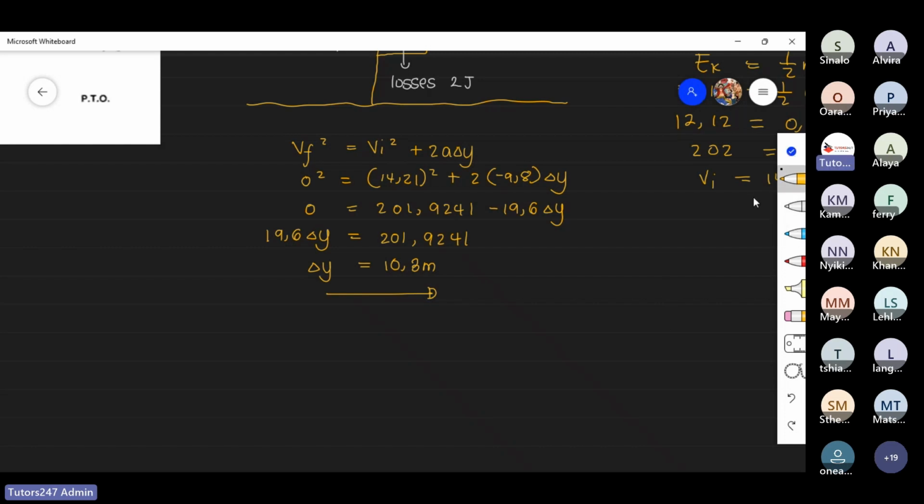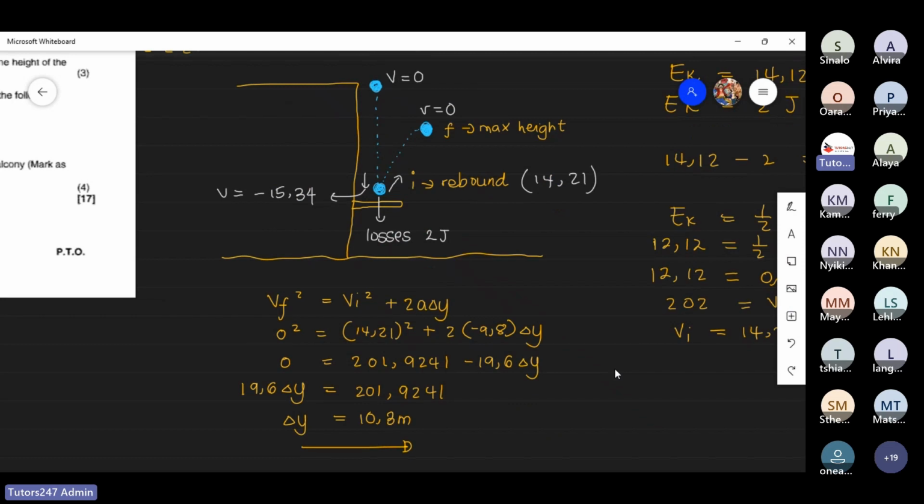So let's go back to our graph and explain that. If we look at our graph, previously we had a negative 12 meter displacement. Why was that? It was because our object was displaced a total of 12 meters from the top to the bottom. Something to take note of: when we say the object was displaced, think of it like movement.